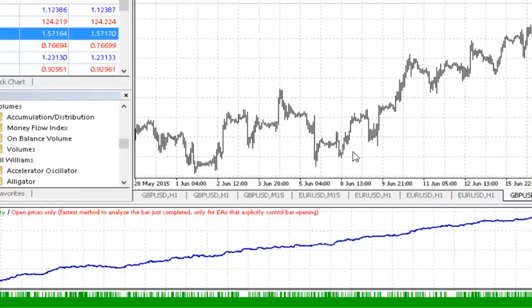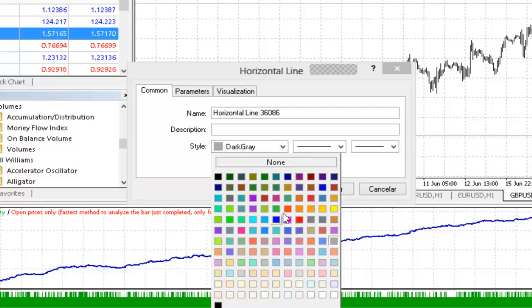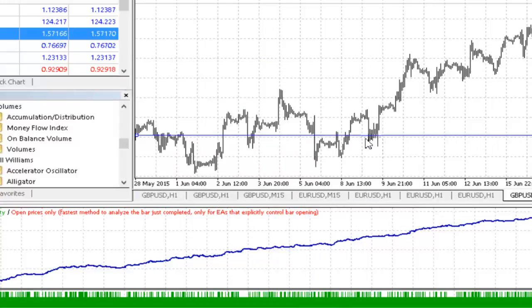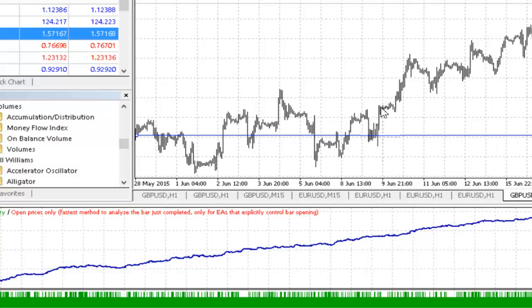Okay, here we go. So let's say, for example, you'd be making here on this pullback. You see this? It formed first pullback, second pullback. I'll be making here a buy trade. A trade, not a position. People use it indistinctively, and that's a mistake. I'll make it blue. Blue is for long, and I have here a buy. And let's say, for instance, I'm here, and it's already here.